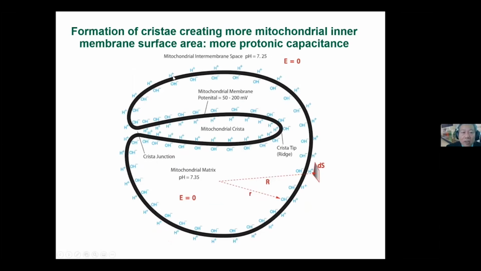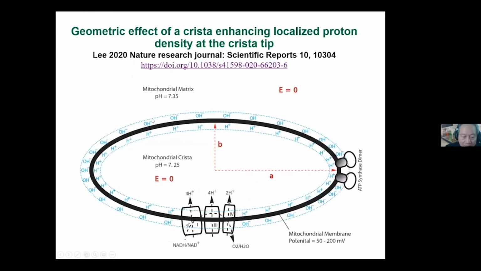First of all, the formation of cristae creates more membrane surface area, and this is a protonic capacitor. The bigger the membrane surface area, the more capacitance, so you're able to store more energy. That's one thing. But also, when you form this kind of structure called cristae, there's another effect.